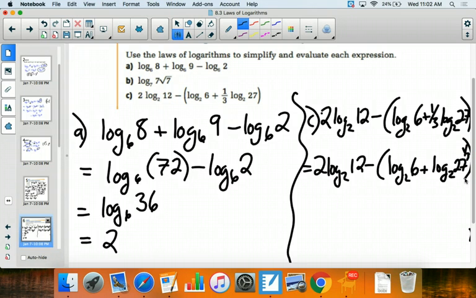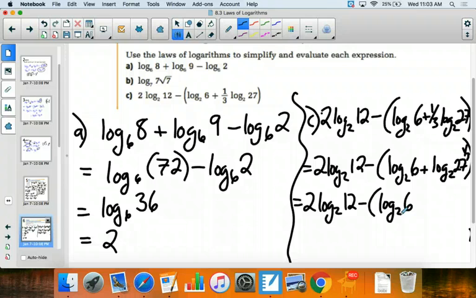Well, 27 to the power of 1/3 is the same as the cube root of 27. What's the cube root of 27? 3. Right? So that simplifies already. I'm just saying that 27 to the 1/3 is 3. Right? Not the evaluation of the log, but just what the argument would become.